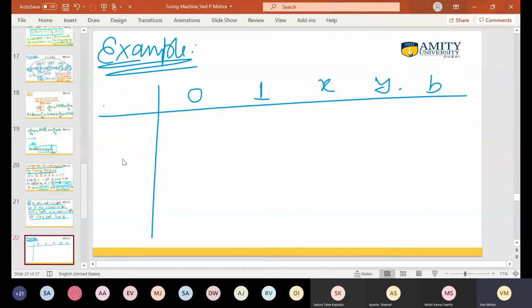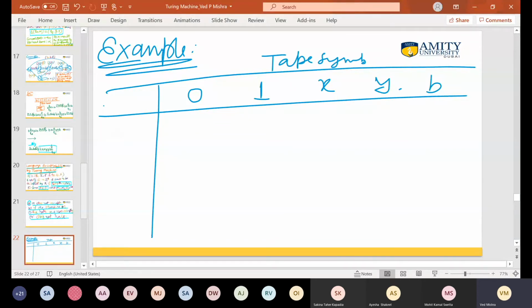So let's make it here. Here you write the tape symbols. And here you write the present state.